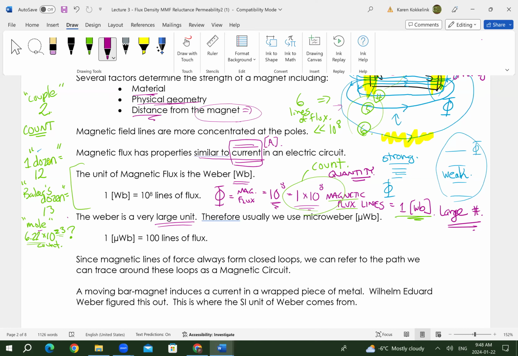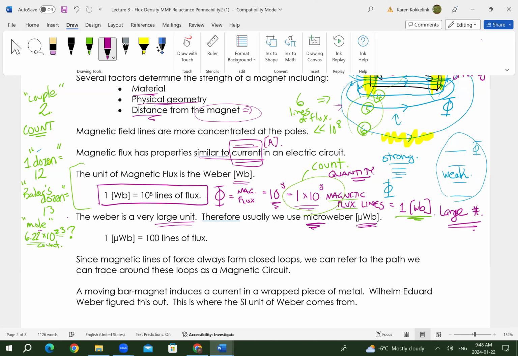It's kind of like Pascal, right? Pascal is a really small unit, so we usually use megapascals. And I'm saying we usually use microwebers, because a Weber is so big. If we put everything in Webers, we can be correct, but a little bit weird.